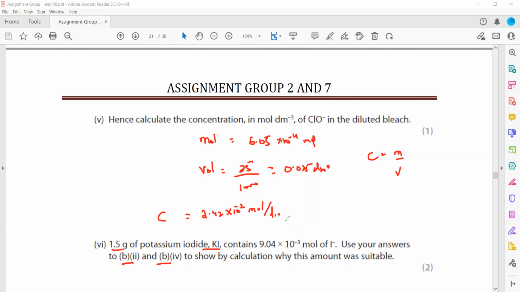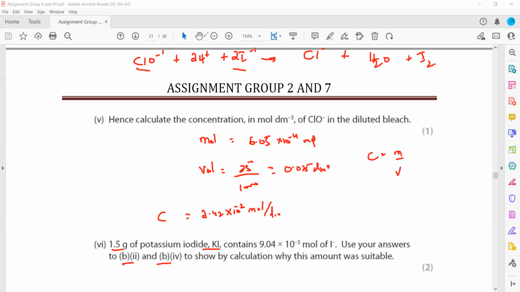Basically, when we wrote the balanced equation, chlorate reacting with two protons and two iodide ions was forming chlorine gas, producing a water molecule, and then an iodine molecule, with chloride ion. So the ratio between chlorate and iodide ion, they're saying potassium iodide is 1.5 g, which has 9.04 × 10^-3 mole.